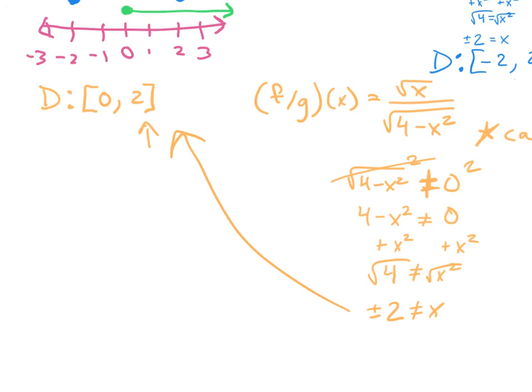Yes, it includes that +2. But we said x cannot be +2, so we just have to add that restriction to our domain. And we would do that just by changing our bracket for the 2 to a parentheses, because this says that we can include everything from 0 to 2 except 2.